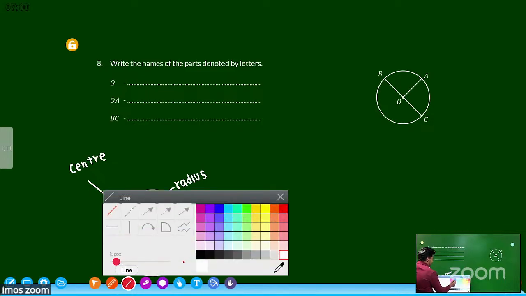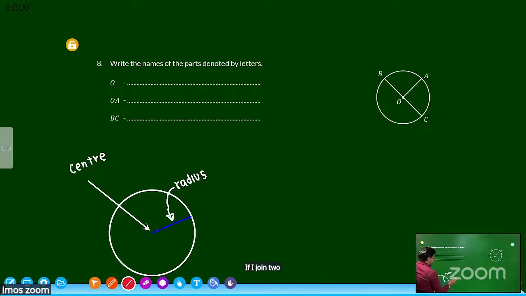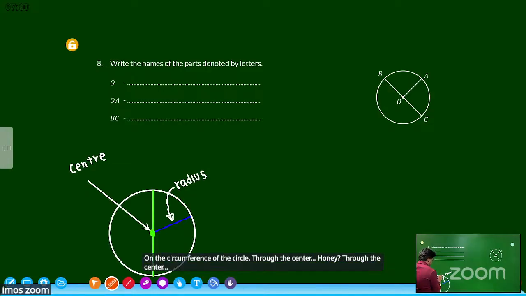If I join two points on the circumference of the circle through the center, that distance we call it as the diameter.